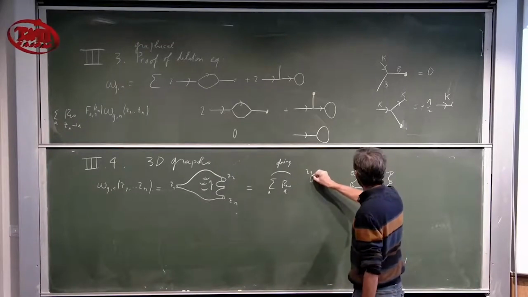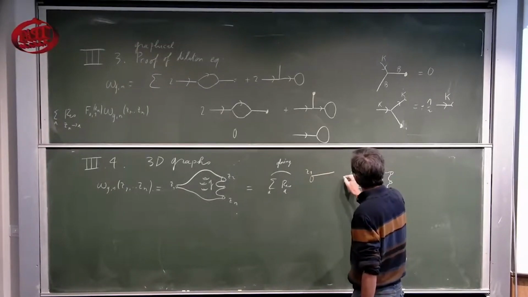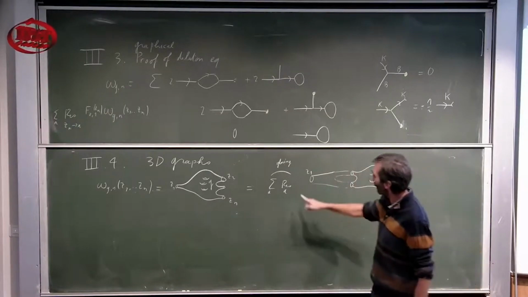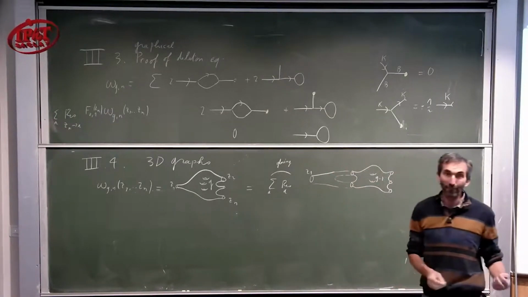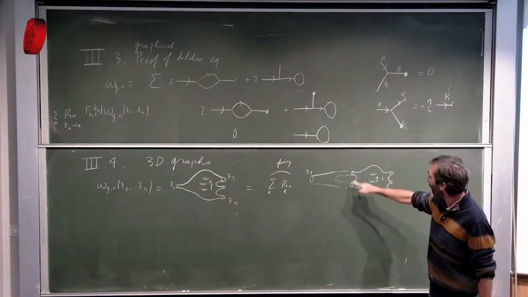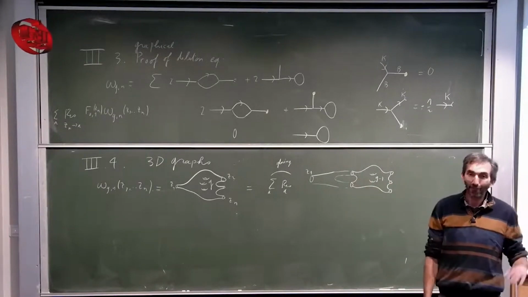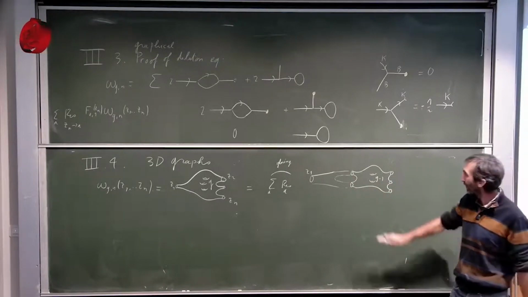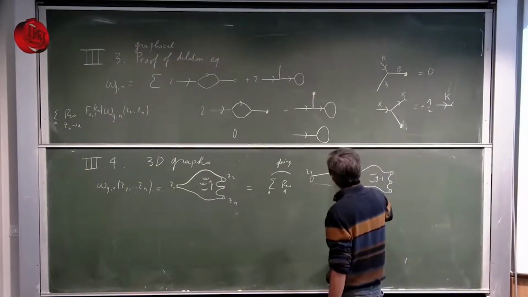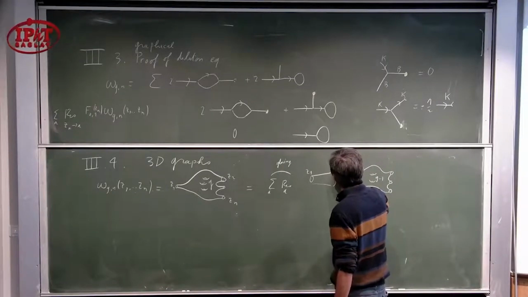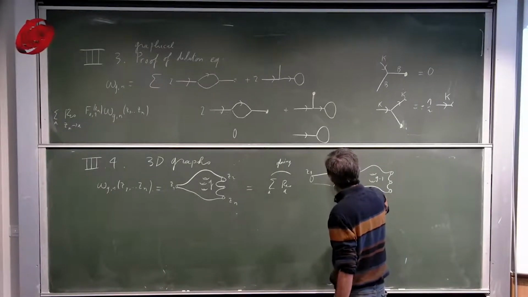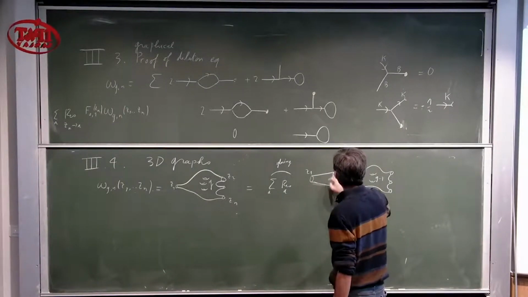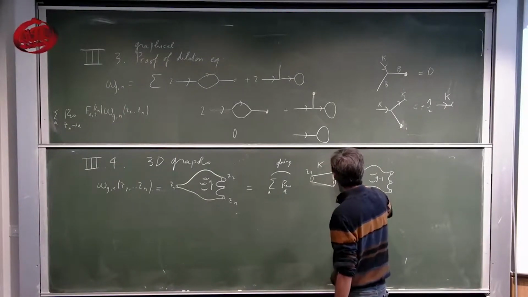You could think that you want to make a pair of points like that. But in fact, the K has only two variables. So somehow these two variables have to be, in some sense, the same, or one is Z and the other one is sigma I of Z. In fact, it has only two independent moduli. So the way I choose to represent it is by doing a kind of cylinder, but with a pinched boundary. And this is going to be K of Z, sigma I of Z.